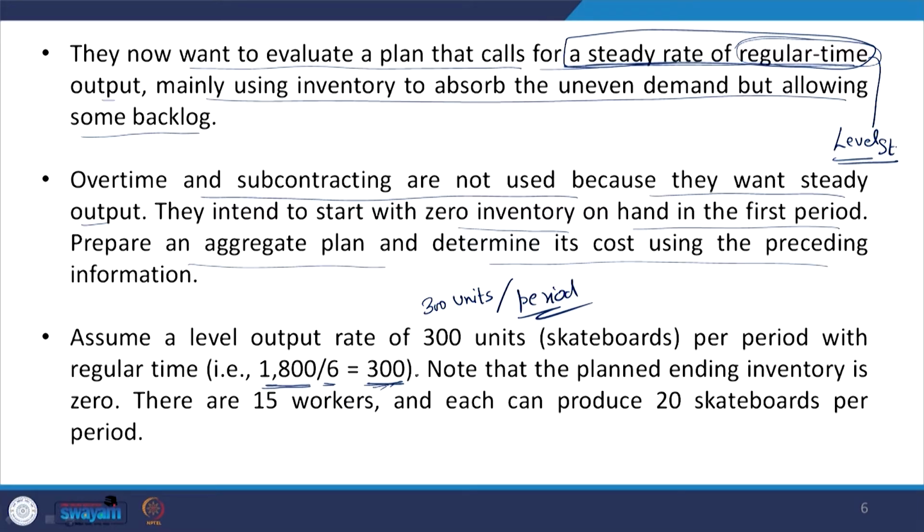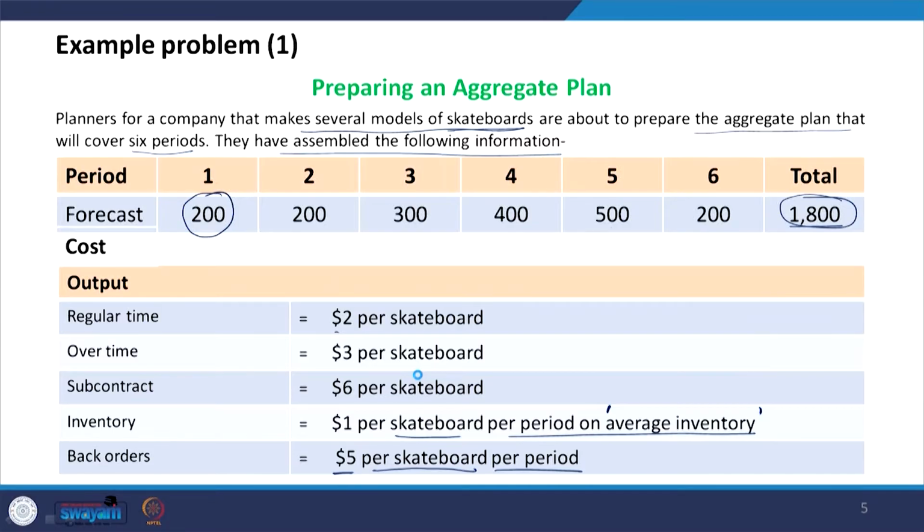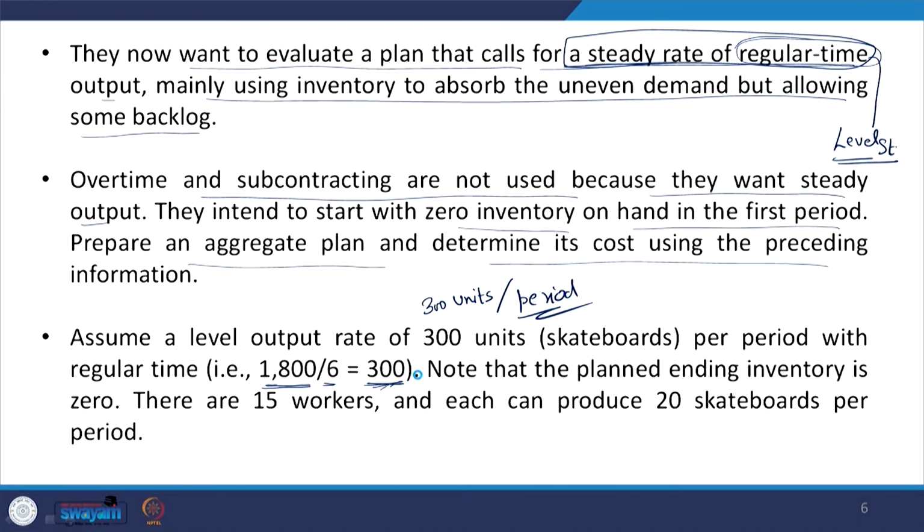Now, for making a particular skateboard, how much time is required? That will determine the number of employees I need to keep for making 300 units in regular time.